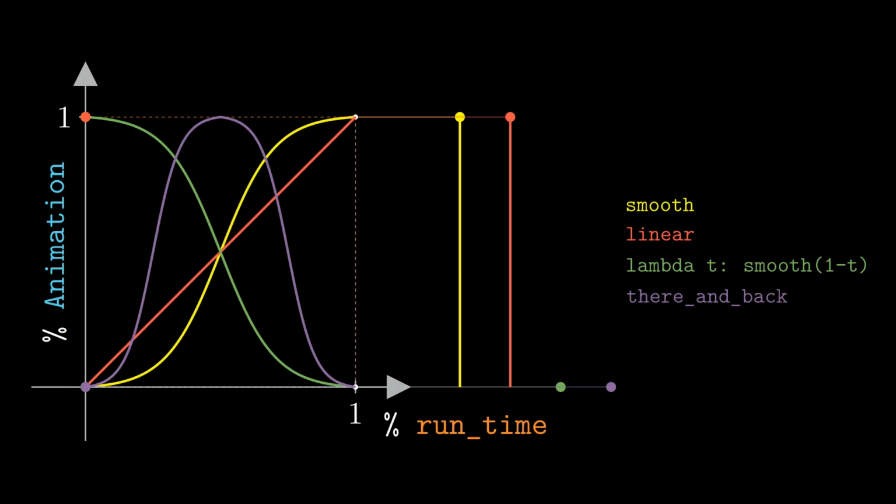The range of a rate function can start and end at any point, but the most common is to start at 0 and end at 1, start at 1 and end at 0, start at 0 and end at 0, and start at 1 and end in 1.